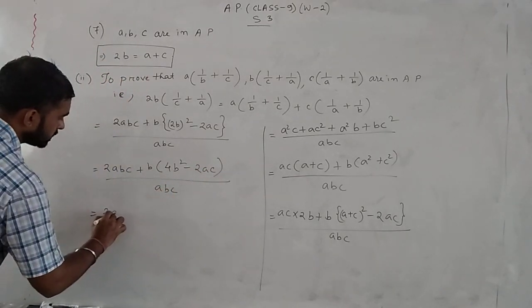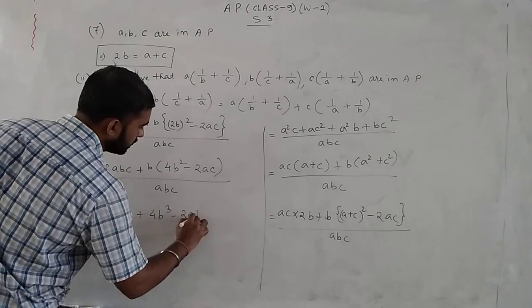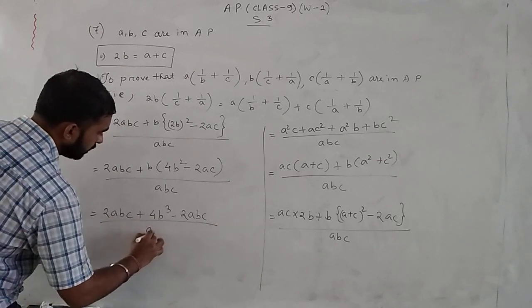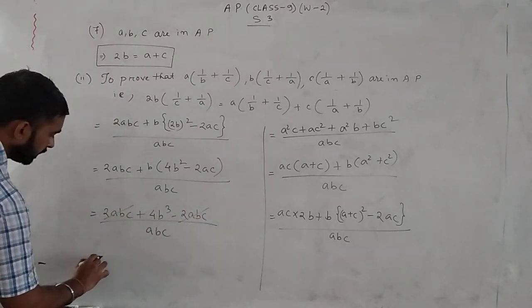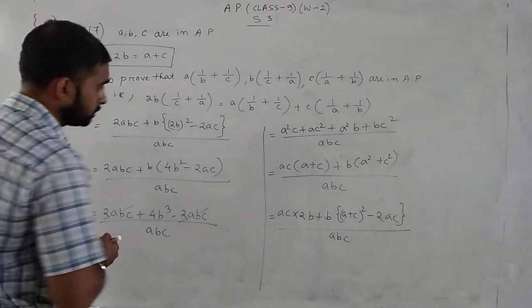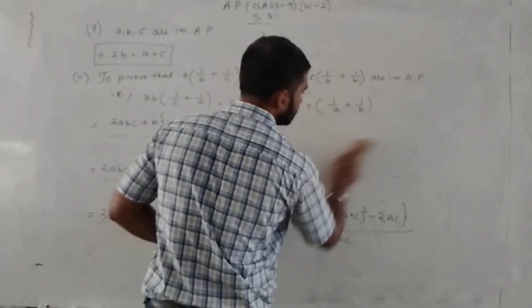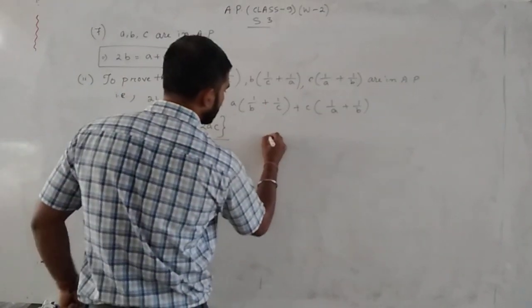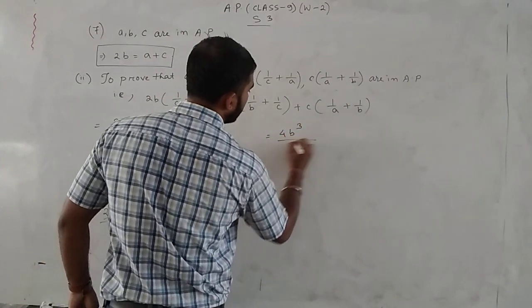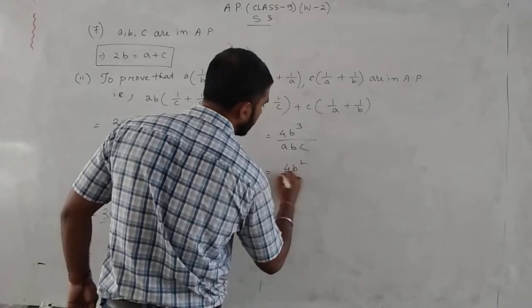Then twice AC plus 4B cube minus twice AC by ABC. This one cancel. So after that, what will happen? 4B cube by ABC. Now here B, B cancel, so 4B square by AC.